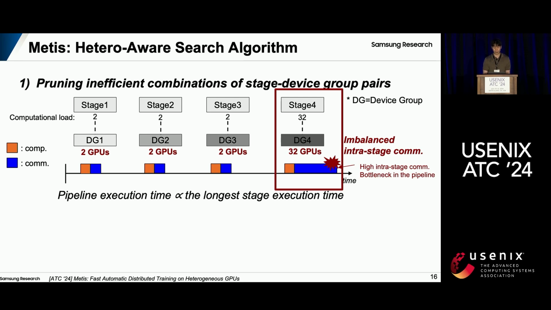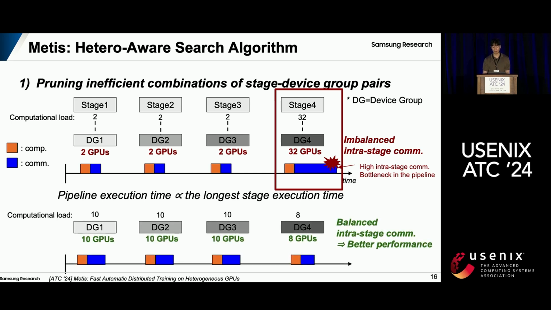As a result, this stage could be the bottleneck and generate pipeline bubbles in executing the pipeline, which degrade the training performance. In contrast, if the sizes of device groups are balanced, the intra-stage communication overhead is also balanced. This can minimize pipeline bubbles and generate more efficient stage and device group pairs.